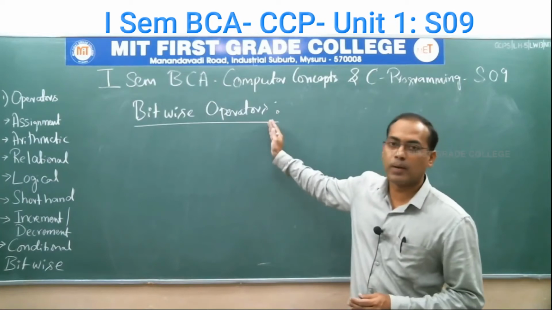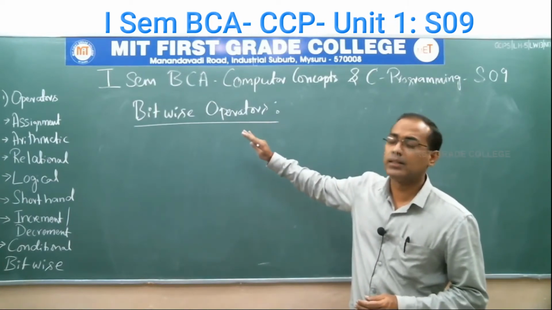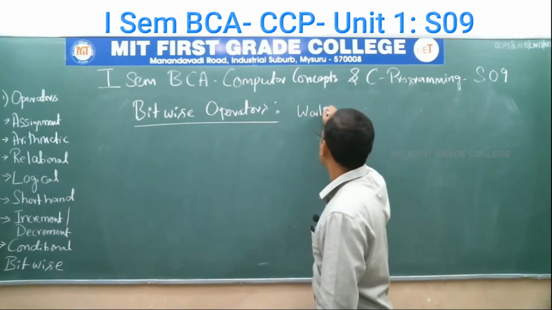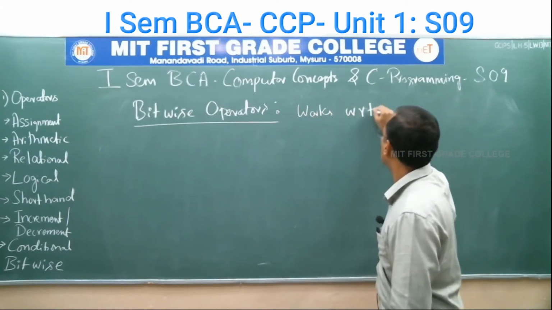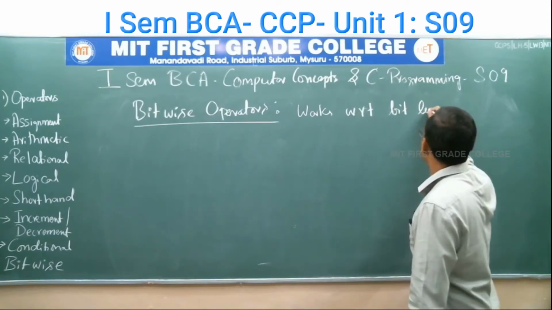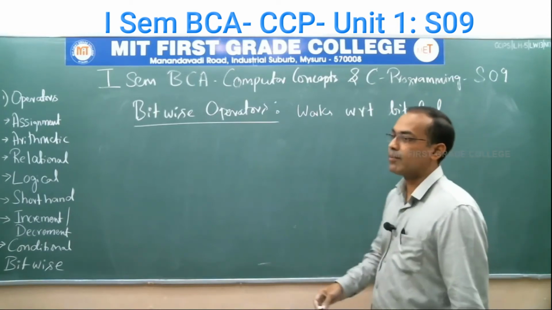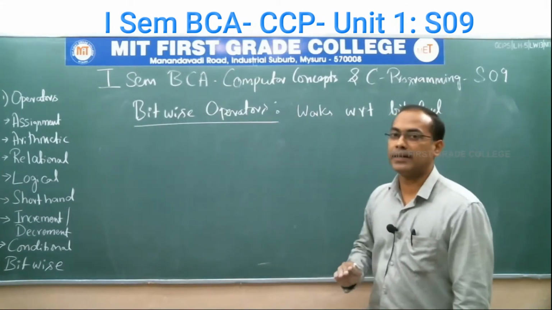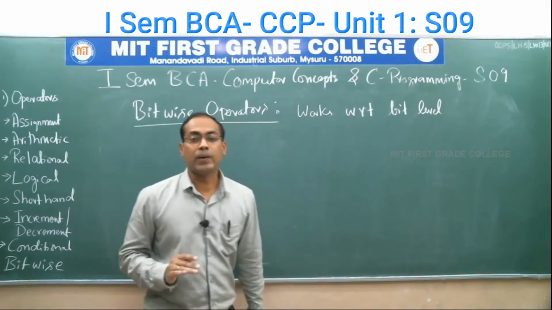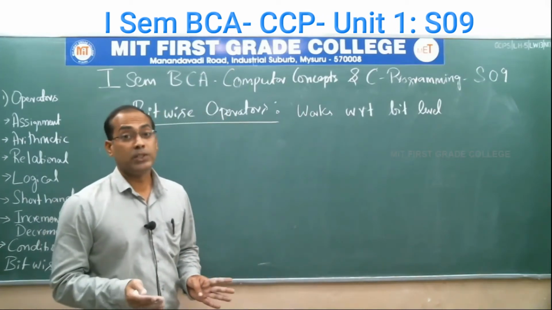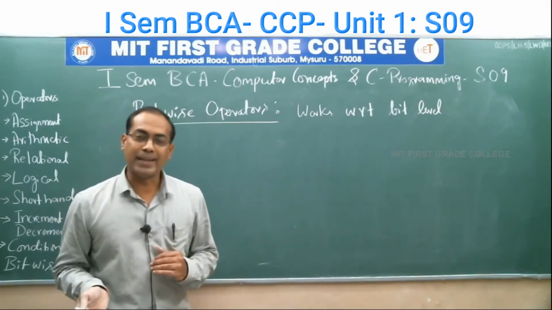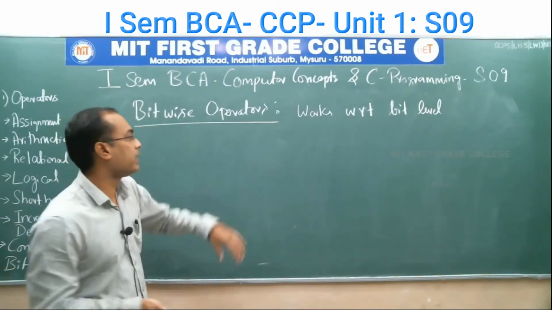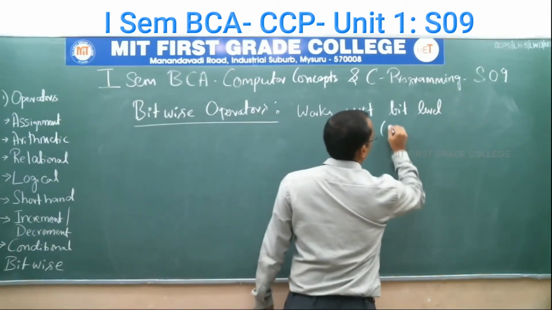Because all the operators which belong to bitwise operators work at bit level, which means we can perform bit level arithmetic. Till now we were working with numbers which are not binary digits, whereas bitwise operators will work with binary numbers. So bit level means binary numbers.